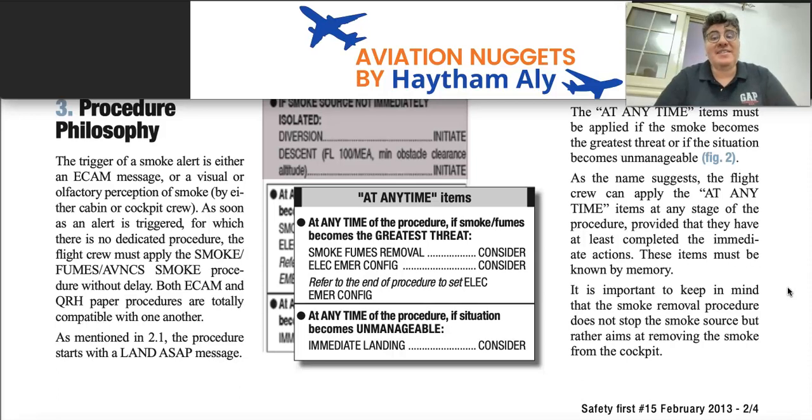And you need to keep in mind that in the smoke procedure, you are not sure that we kill the smoke source, but we are more satisfied by having the smoke outside of the airliner. So it is important to keep in mind that the smoke removal procedure does not stop the smoke source, but rather aims at removing the smoke from the cockpit.